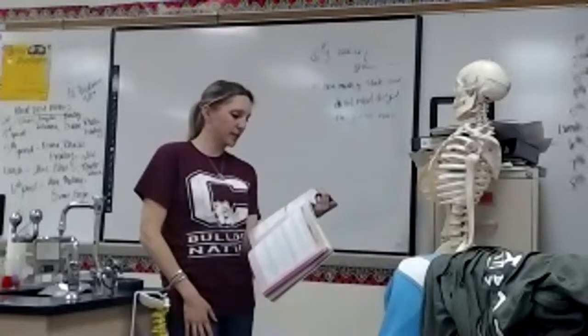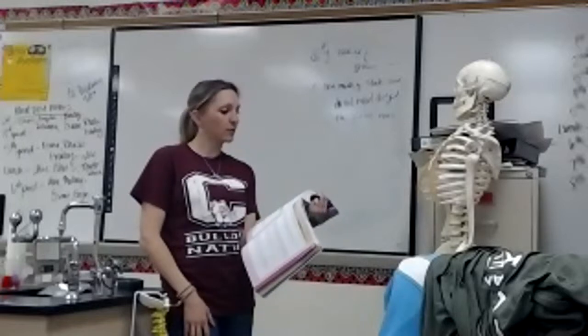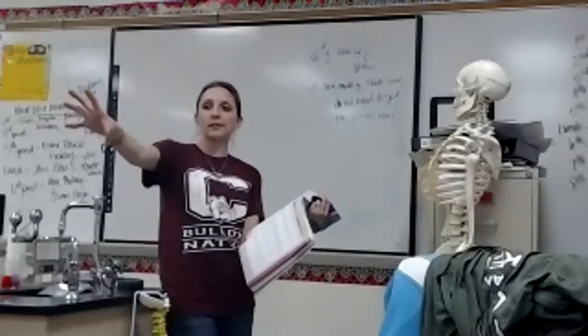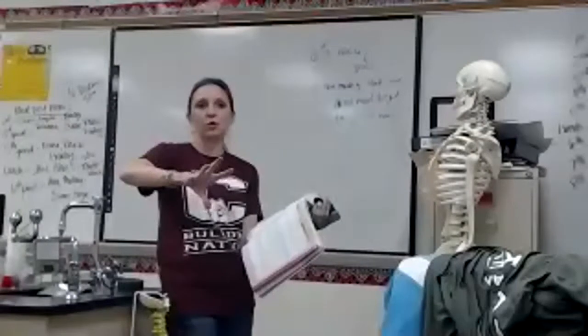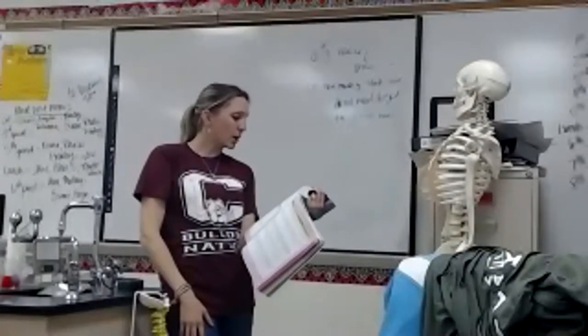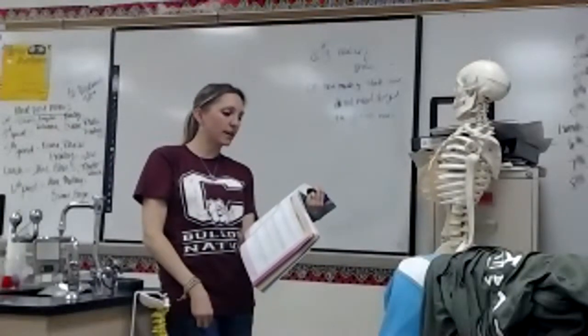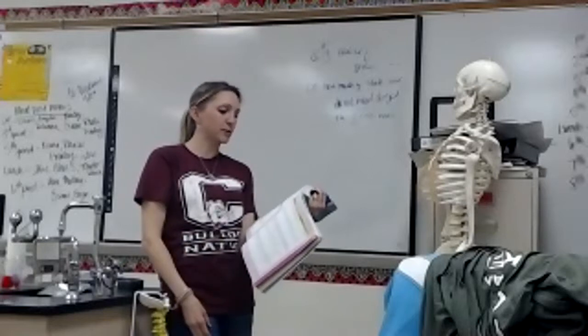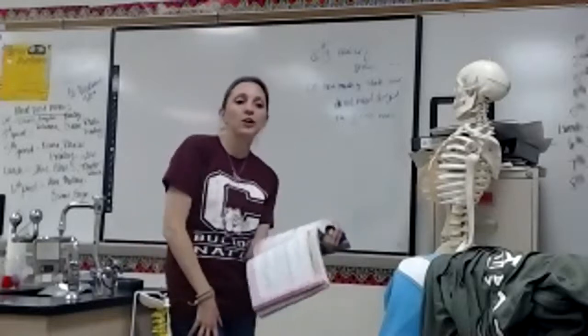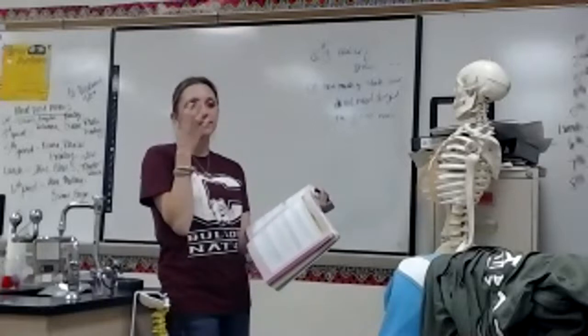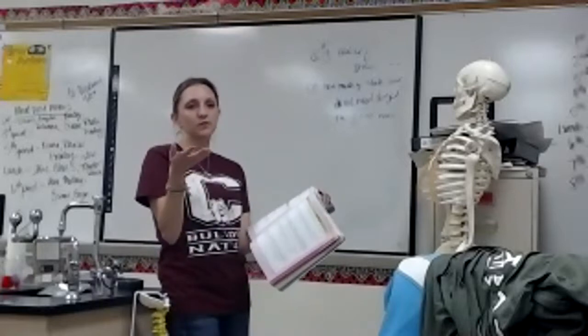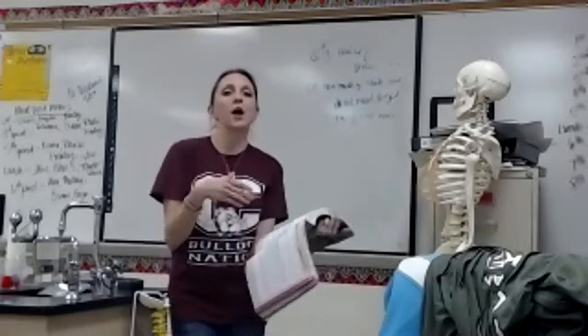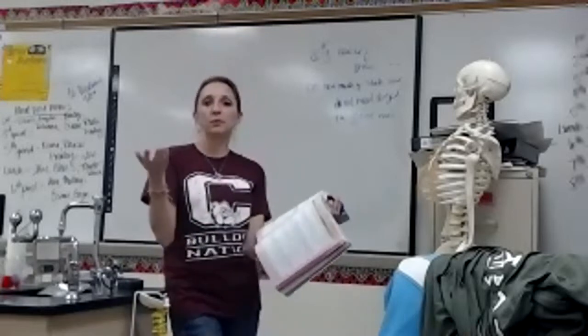A markup is the difference found when the wholesale price is subtracted from the resale price. So the price on the shelf minus the price that the store pays for it. Markup percentage, the calculation done by dividing the cost of the item into the difference between the selling price and the cost. I think I've seen these questions on there. Let's say we get this for $10, a wholesale price, and we mark up all of our medications by 30%.